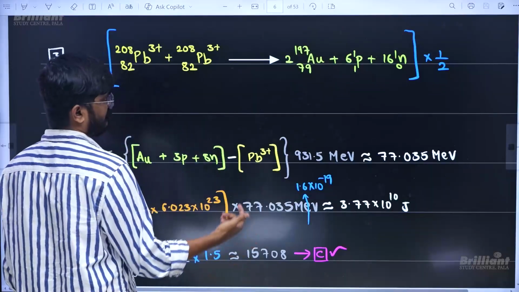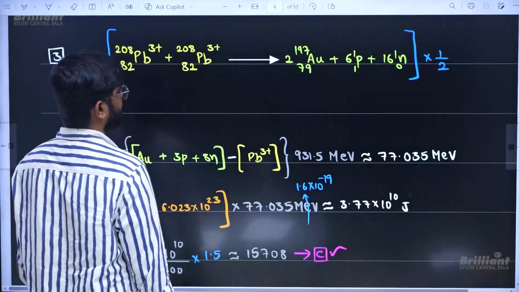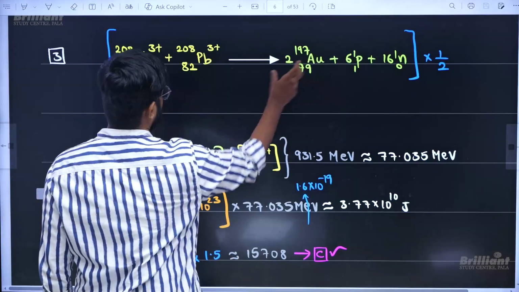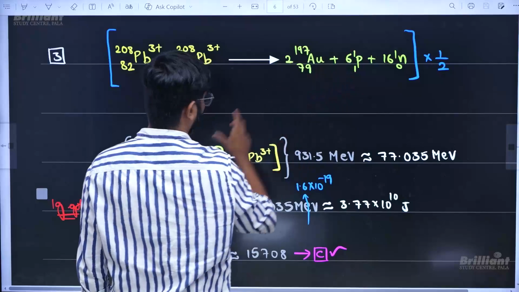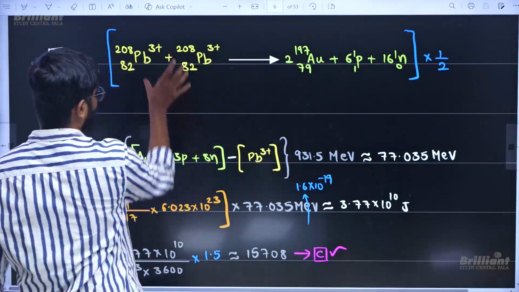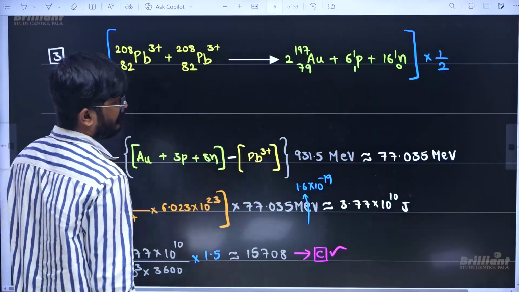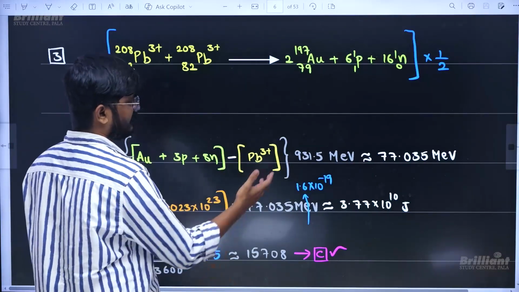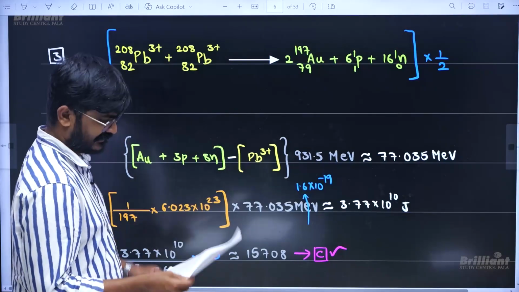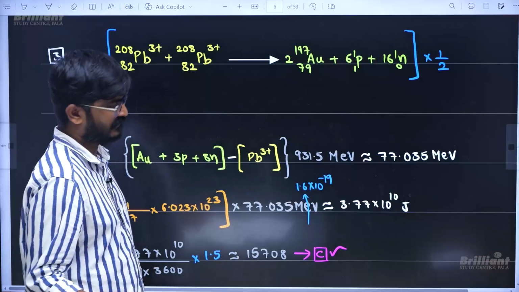If I take half of this scenario, it is going to be one nucleus and 3 protons, or else you can take 2 nuclei, 6 protons, 16 neutrons and 2 times of this, and whatever answer you get, you divide by 2. So that is going to be 77.035 delta mc square. That is the energy we supplied to make one nucleus.